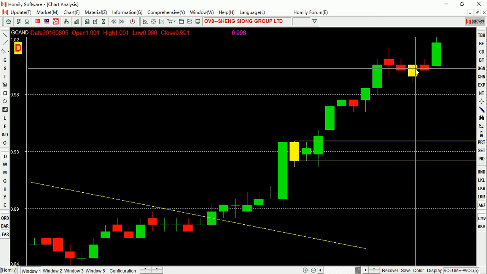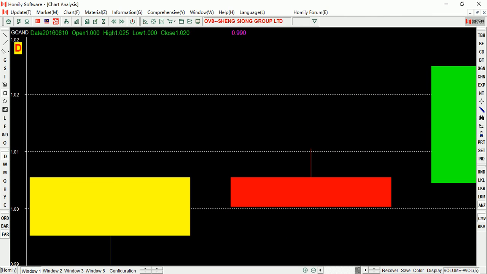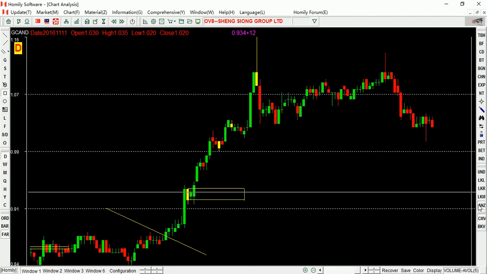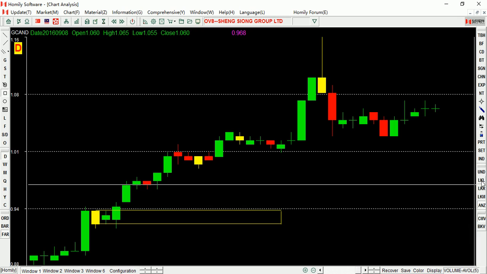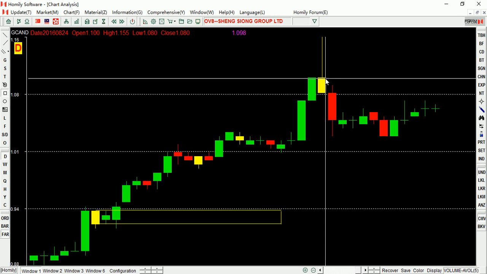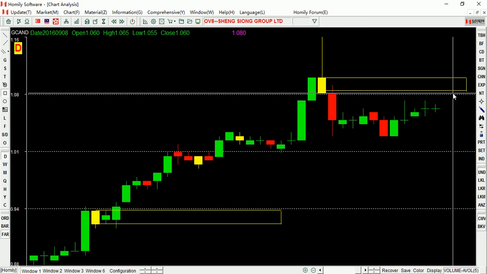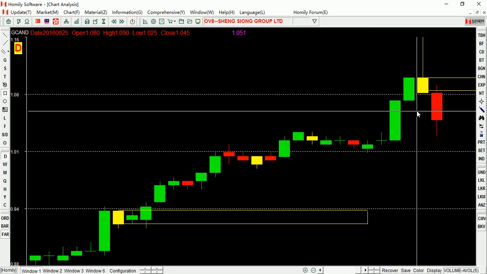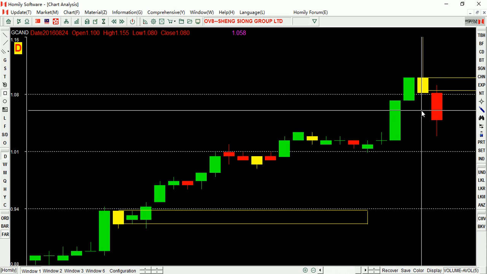So this one, the yellow candlestick appears. But we can see here, the yellow candlestick appears again. So we can see this candlestick, sell or not? Sell, okay? Because the closing price is lower than the closing price of the yellow candlestick.